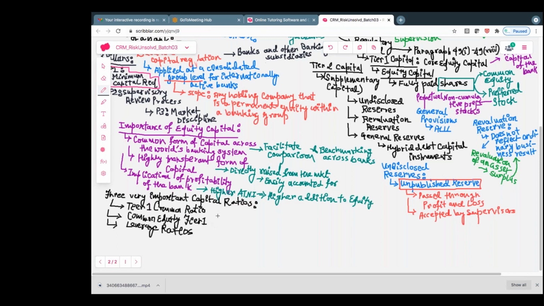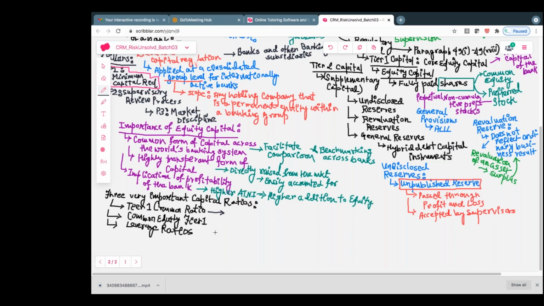So on one side that we have over here is the tier one. So we'll take up each of these capital ratios and we'll define each of them. We'll identify why these are important, and then from there we'll go on to talk about the different kinds of exposures that a bank is exposed to, and the exposures for which each of these capital has to be set aside.